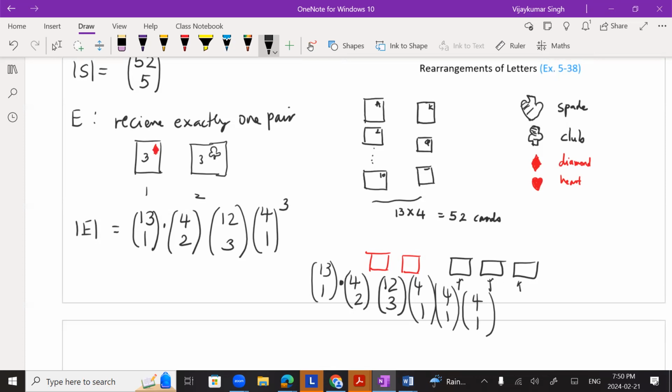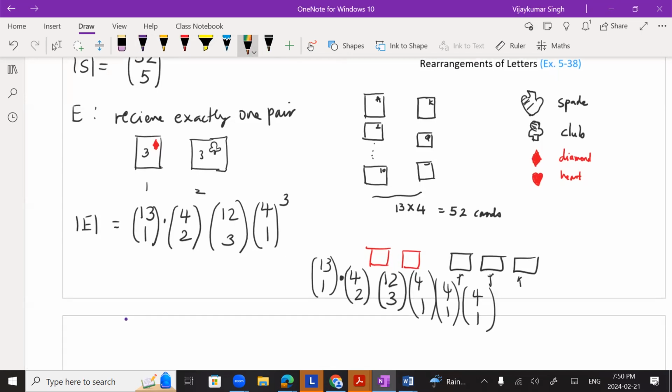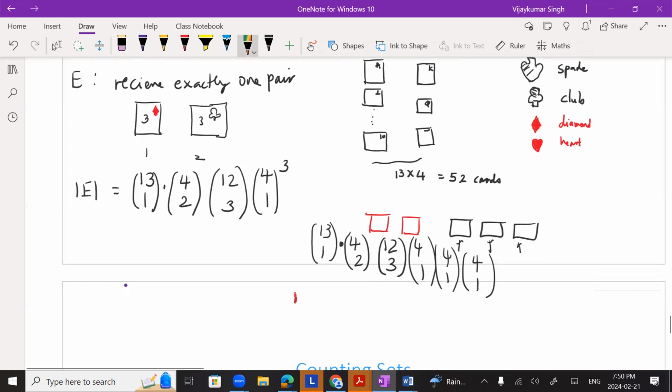We could have also broken it in a slightly different way. You could have said 13 choose 1, 4 choose 2. And then for the third card, the option is 12 options, and for each option I have 4 choose 1.